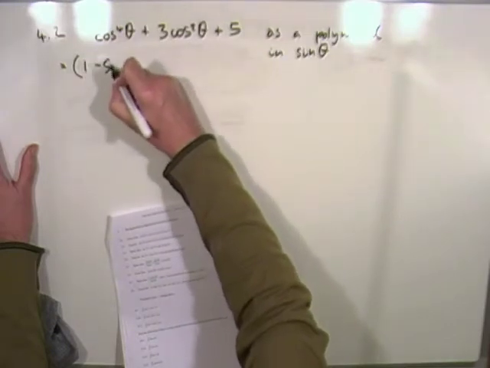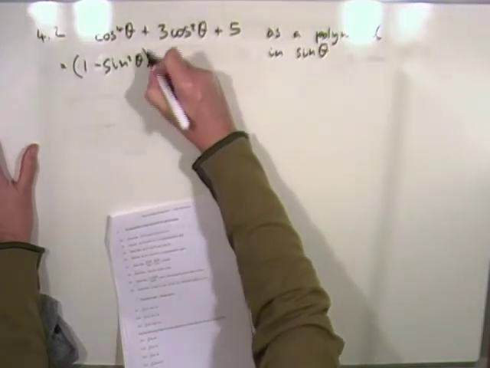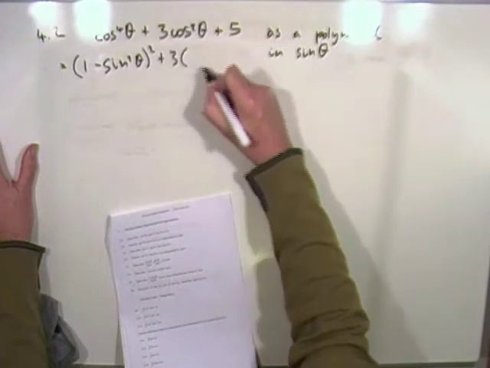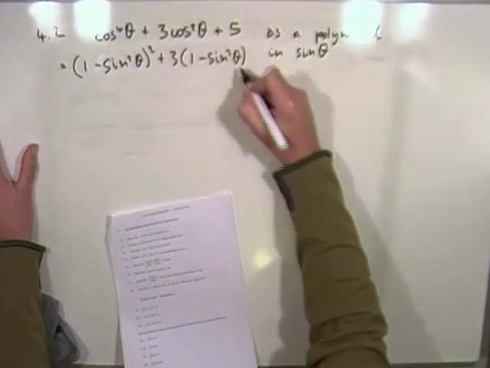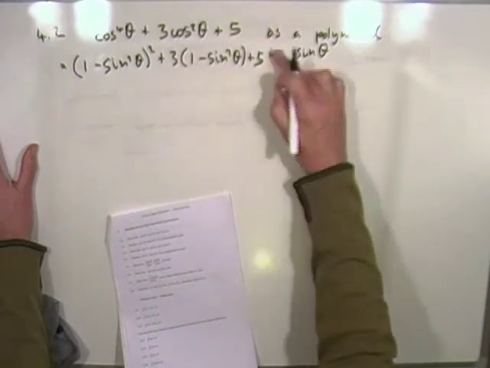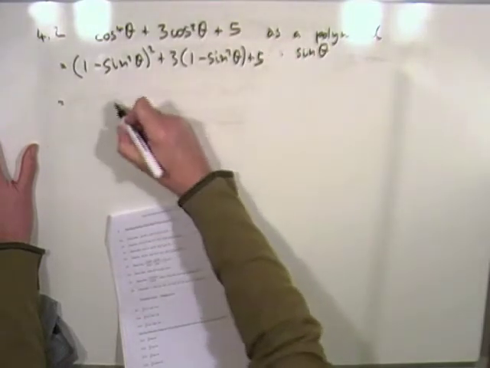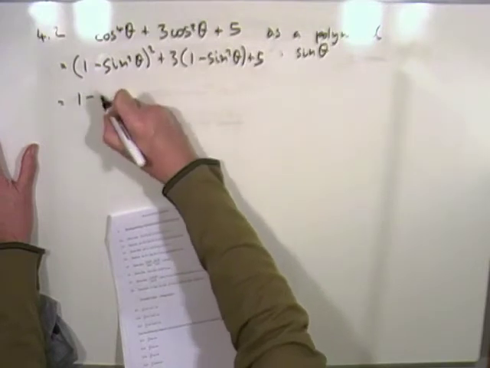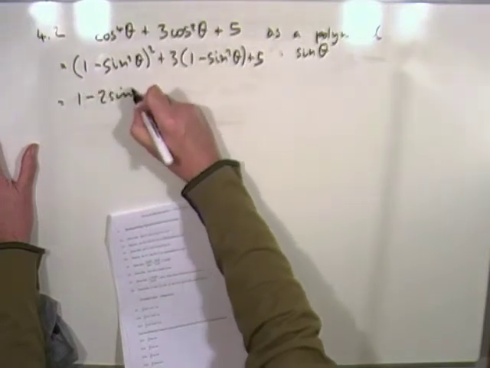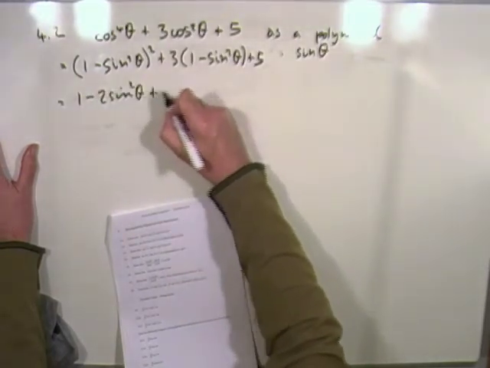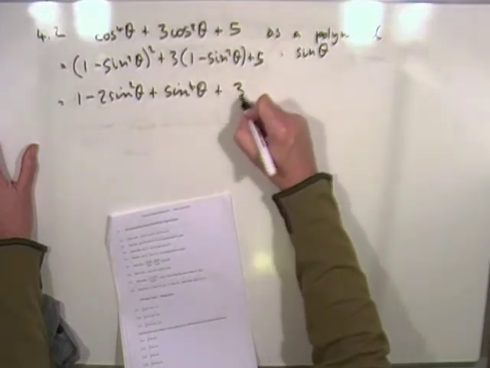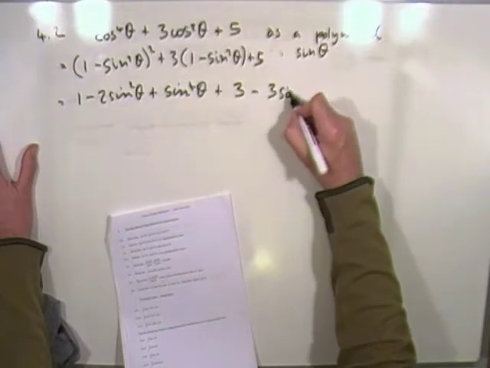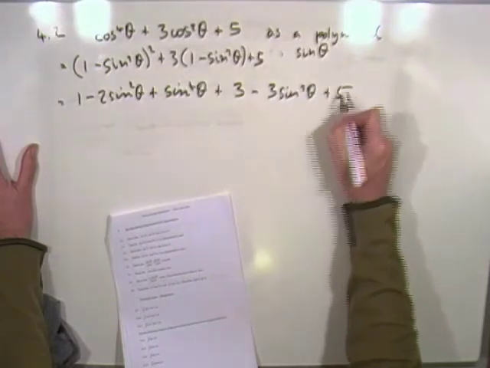So 1 minus sine squared theta, squared, plus 3 times 1 minus sine squared theta, plus 5. So that's going to be 1 minus 2 sine squared theta plus sine to the 4 theta, plus 3 minus 3 sine squared theta plus 5.